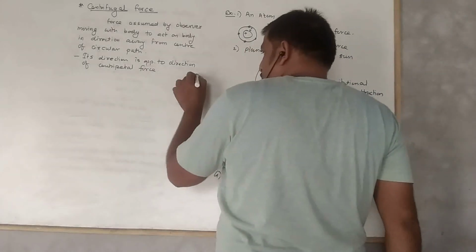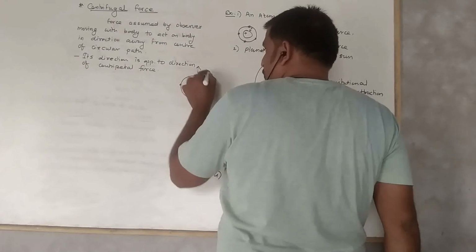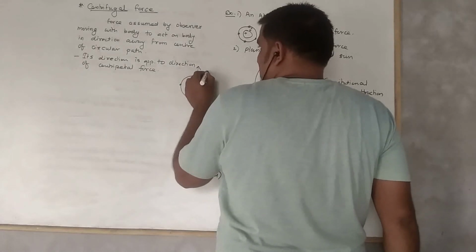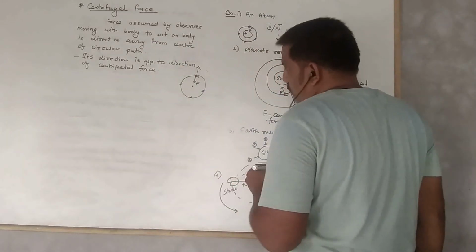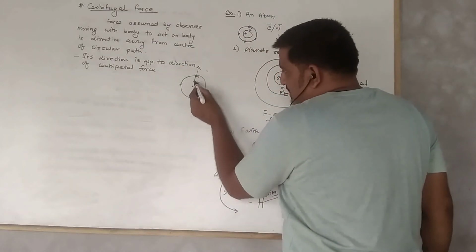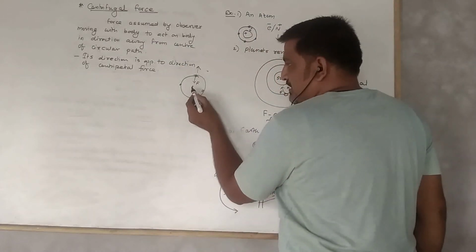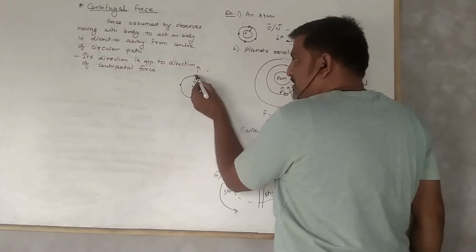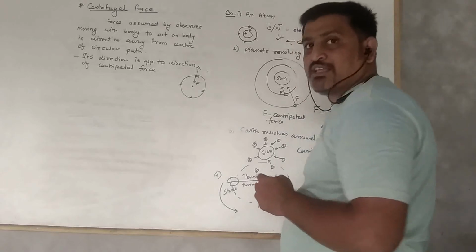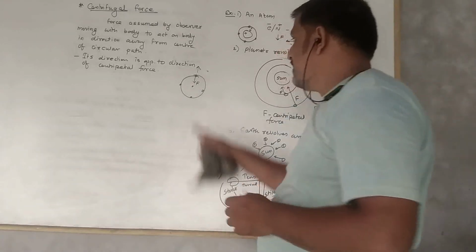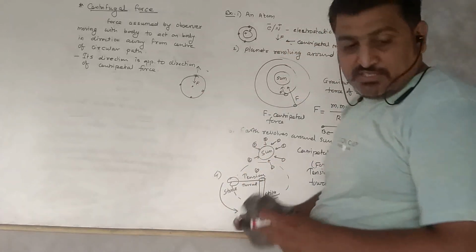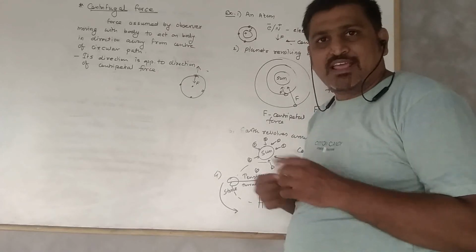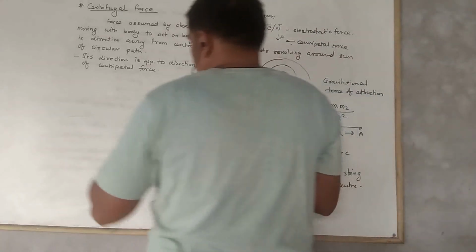But one more force is exerted on the body which is away from the center, and that is known as centrifugal force. The force exerted on the body toward the center is known as centripetal force, but the force exerted on the body away from the center is known as centrifugal force. Actually, the direction of the centrifugal force is opposite to the direction of centripetal force.